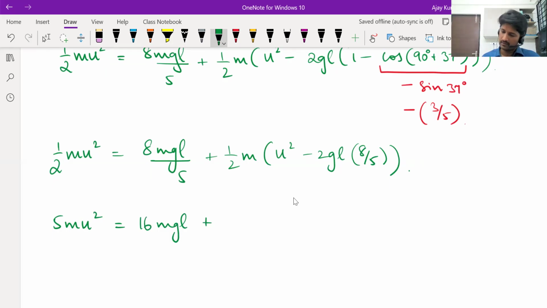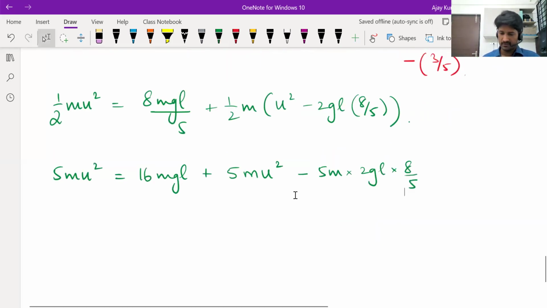plus, 10 by 2 is 5, I'll keep it as it is, m u square. Again, 5m into minus 2gl into 8 by 5. There are a lot of chances to make mistakes when calculation is so lengthy.